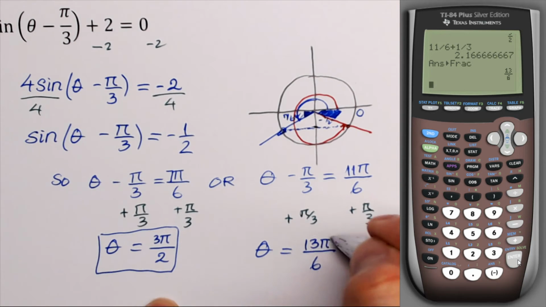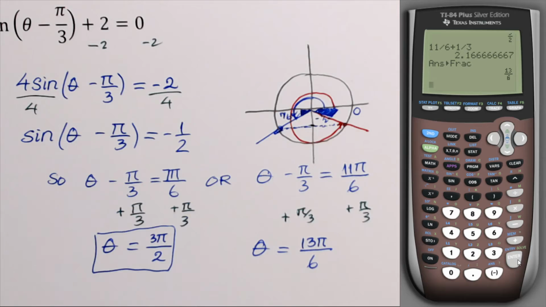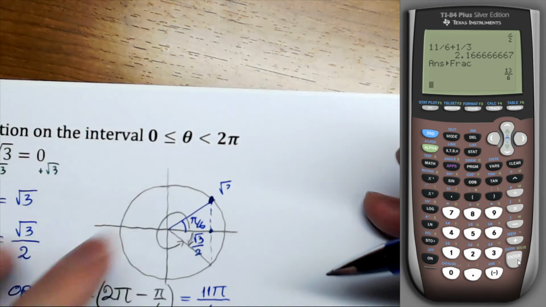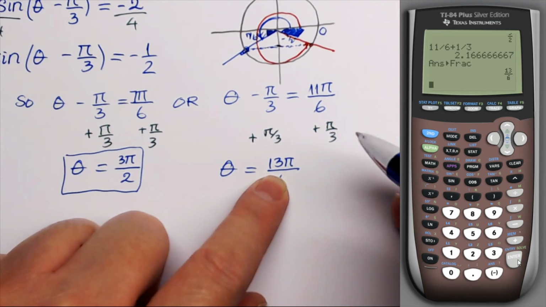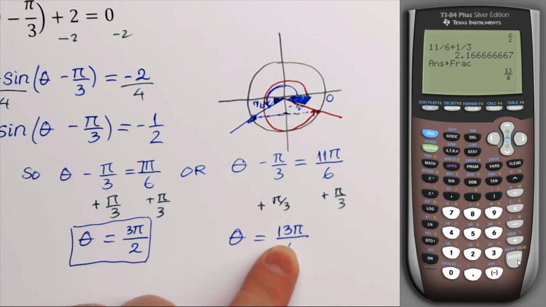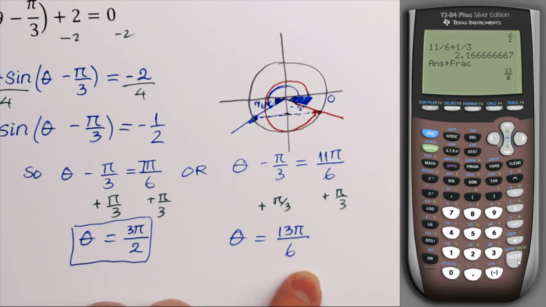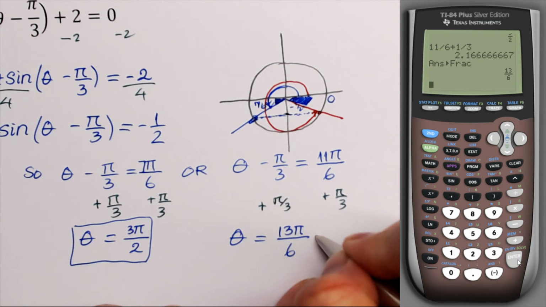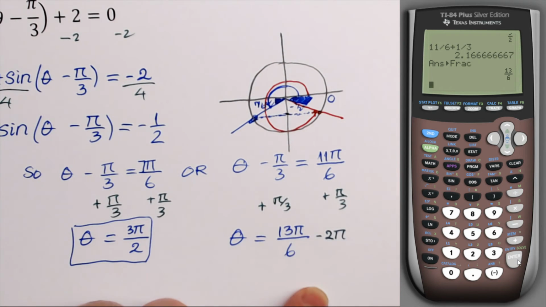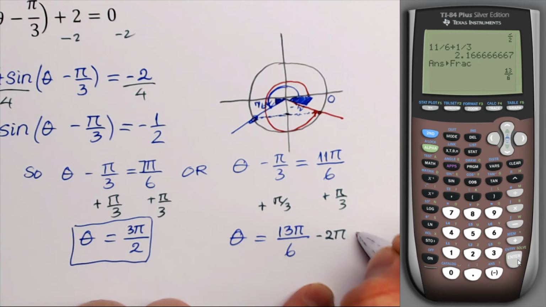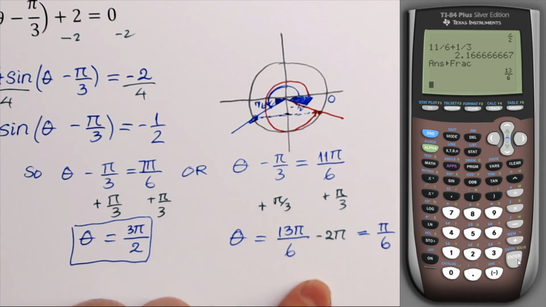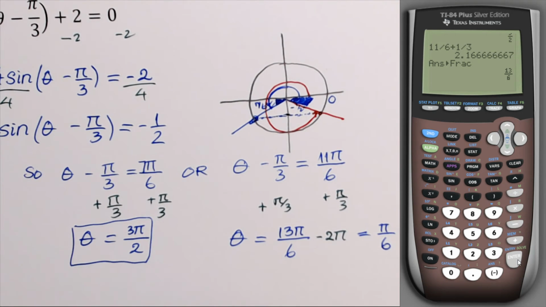I said we just stick a pi to it. The only problem here is the theta has to be between 0 and 2 pi, and this is way more than that. So what we do is we have to subtract 2 pi from it, because that is more than 2 pi. When we subtract 2 pi from it, we just have pi over 6. So that is the answer, 3 pi over 2, then pi over 6.